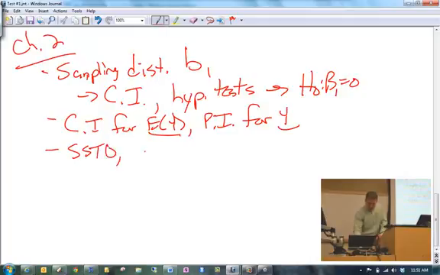Then in the second part of the Chapter 2 notes, we talked about SSTO, SSR, and SSE. These are three different sums of squares measures that help us understand the variability that's associated with doing a regression analysis.